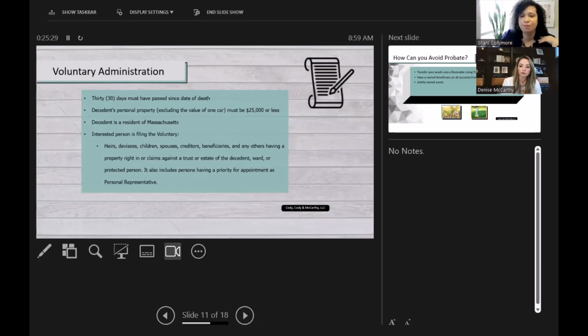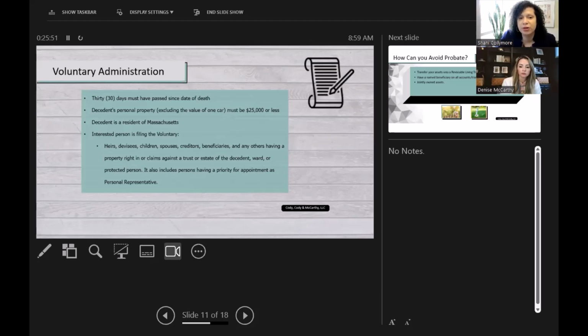You don't really have any other power, and then you're supposed to distribute it to the people named in the person's will or via the intestacy rules to whoever was entitled to the property. So it's just a quick process for smaller estates to make it less burdensome on people.